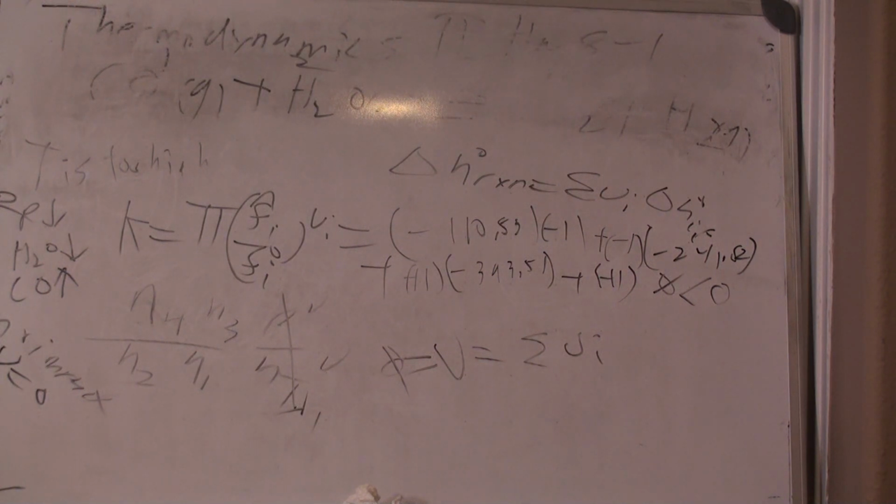Now, if I wanted to improve the extent of reaction, this is how I want to think about it. I know the extent of reaction is constant in this case, but that's how I want to start thinking about this. So what do I want to do with an exothermic reaction?